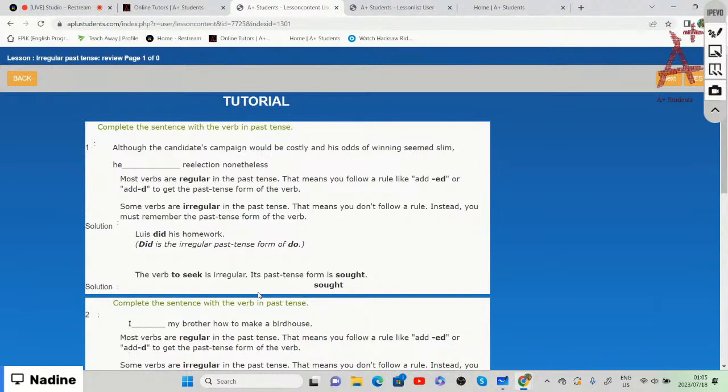So I do my homework now, but in the past, I did my homework. There was no rule saying we needed to add ed or d; it changed from do to did. That is but one example of irregular verbs.